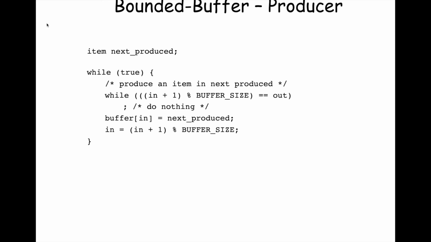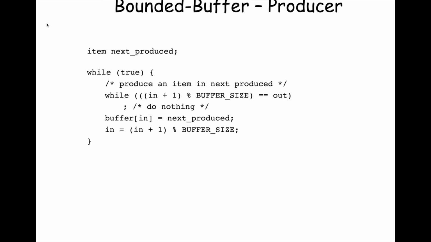So then if you can produce the next one, then it goes ahead and it produces its data structure. In this case, in the pseudocode, it's next produced, and then it inserts it in the buffer in that location marked by in, right? So in might be position 0, 1, 2, 3, 4, 5, 6, 7, 8, 9, and it wants to wrap back around to 0. But if the consumer is currently consuming something from position 0, it's not going to override it until the consumer is done. Okay. All right.